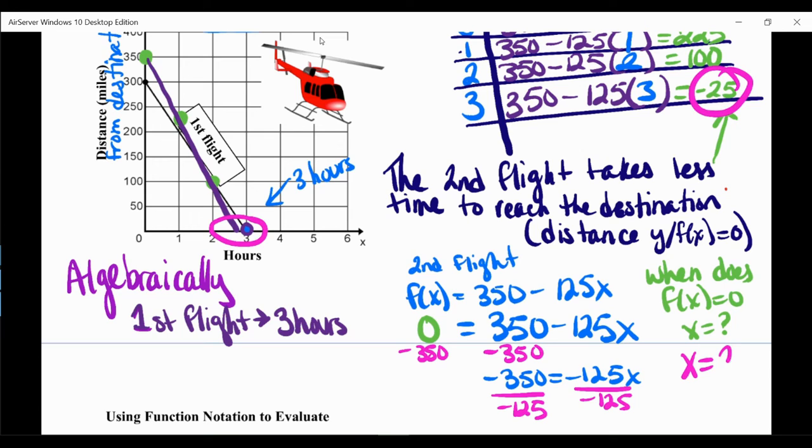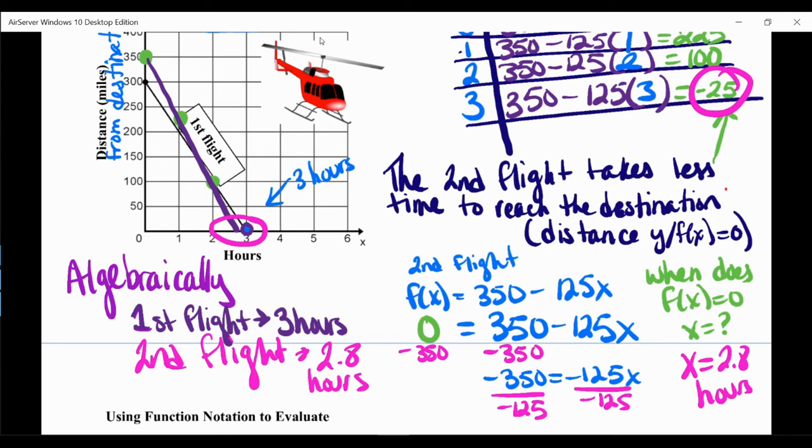And x equals 2.8 hours. So that's how we can determine algebraically who got there faster. Determine what the x value is to make that function equal to 0, and to do that, set the function equal to 0 and solve for x.